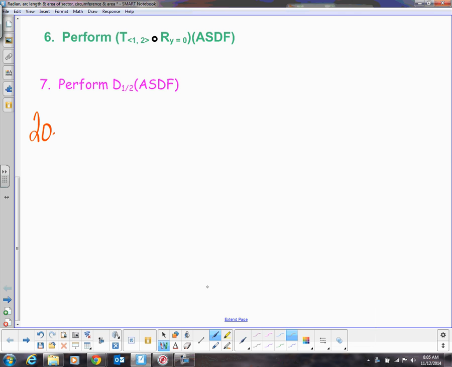All right, on 20, they told you that theta was 19 pi over 12. They told you the radius was 12. Now, this is the theta for B. When you get to C, we're asking for the arc length of the entire circle, which is the biggest arc you can find.